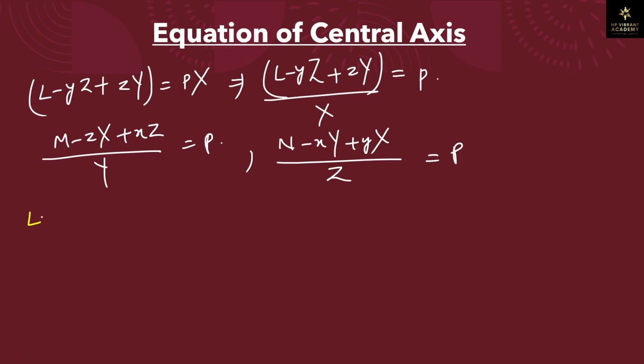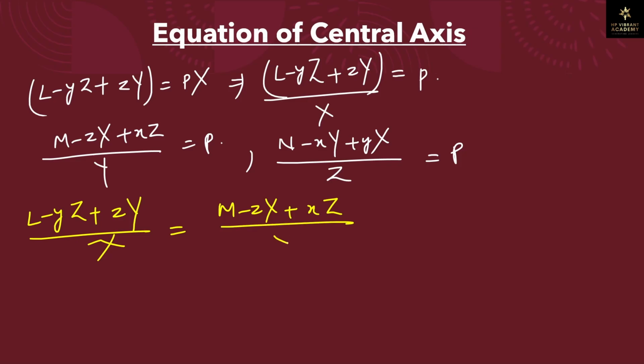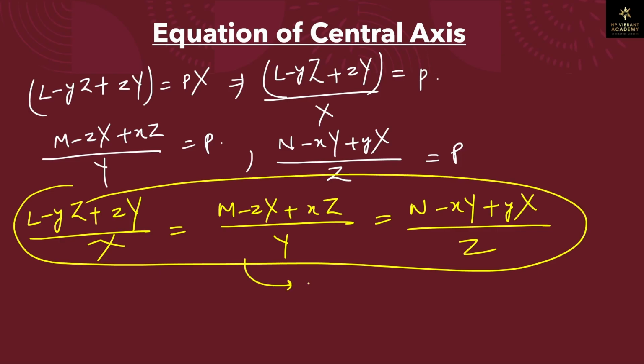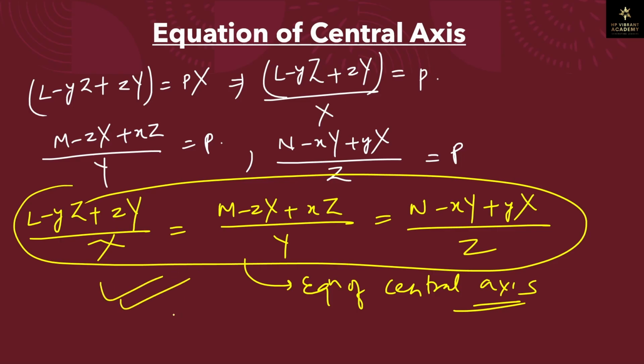We have (L minus y capital Z plus z capital Y) upon capital X is equal to (M minus z capital X plus x capital Z) upon capital Y is equal to (N minus x capital Y plus y capital X) upon capital Z. This is nothing but the equation of central axis. In the next lecture we will discuss problems on the central axis. Thank you.